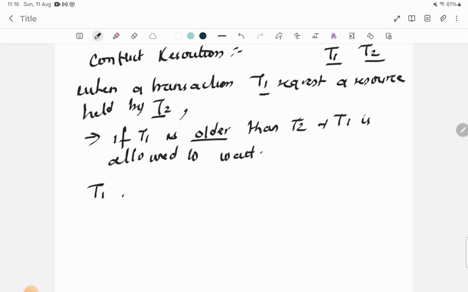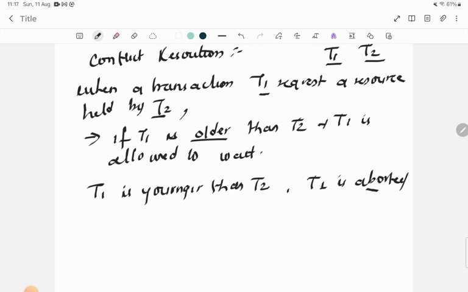And if T1 is younger than T2, then T1 is aborted. Here T1 is allowed to wait, and here T1 is aborted.